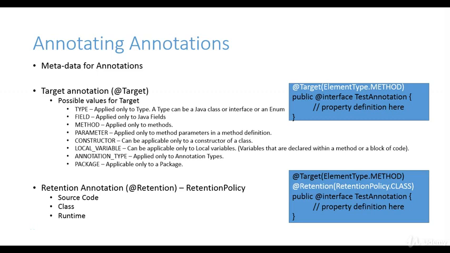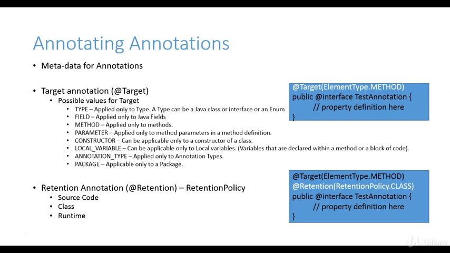where they are applicable. Another commonly used metadata for an annotation is the retention policy, used as @Retention. @Retention is a mechanism through which we can say to what extent the annotations should be retained.